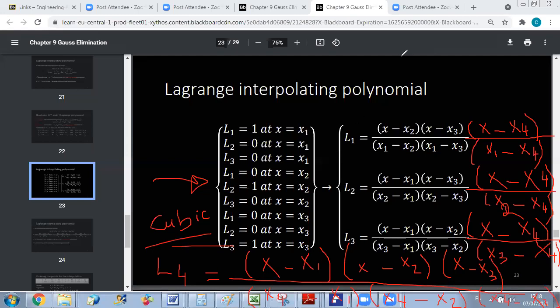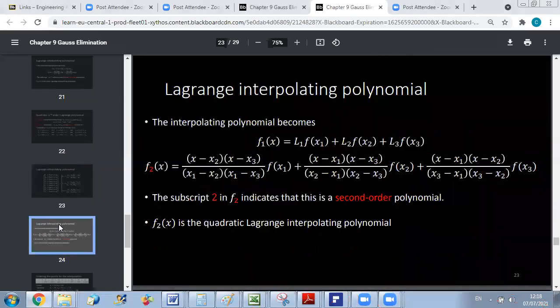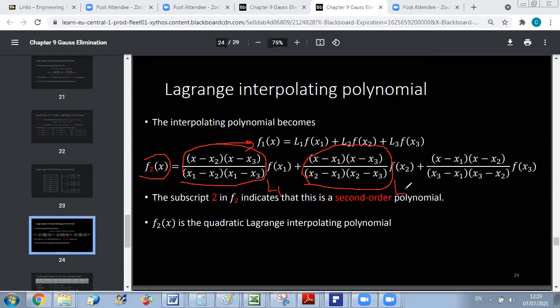Okay. Now, in this case, if I use 3 data points, I come up with a quadratic interpolation. Then I will write f2 of x as a combination of f(x1) plus f(x2) plus f(x3), and the weights of f(x1), f(x2), f(x3) are L1, L2, and L3.